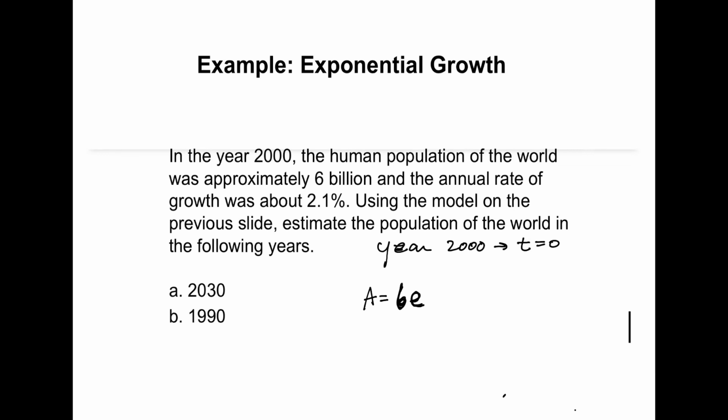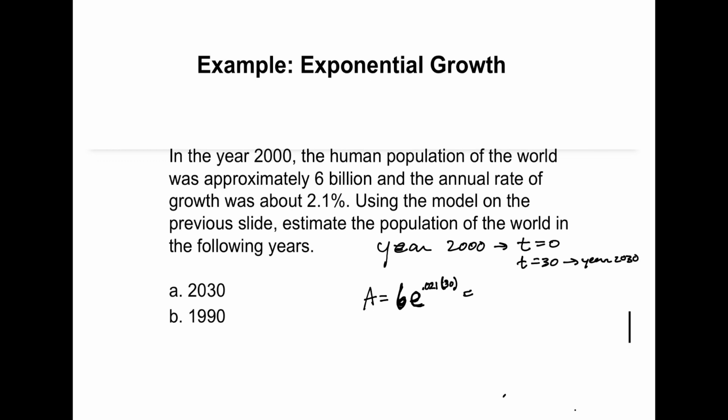So that's 0.021. And then for the year 2030, if the starting point was the year 2000, this would be multiplied by 30. And we can see this. So t equal to 30 would be the year 2030.